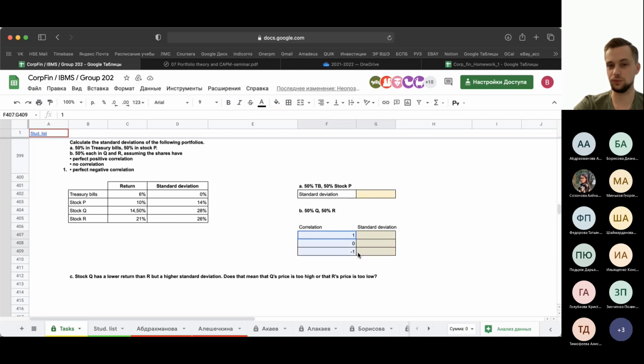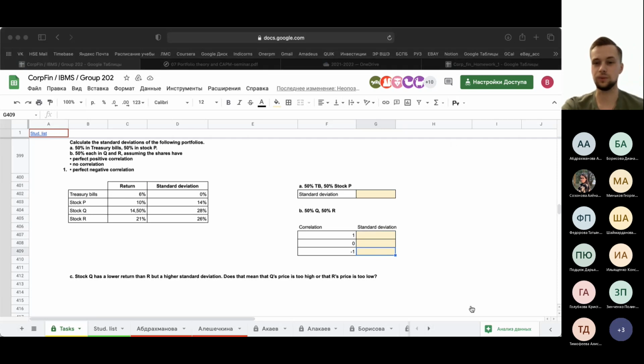Here we need to assume something. We assume that the correlation is 1, 0, and -1, and have 3 different answers. Okay, so raise your hand, please, when you are ready.